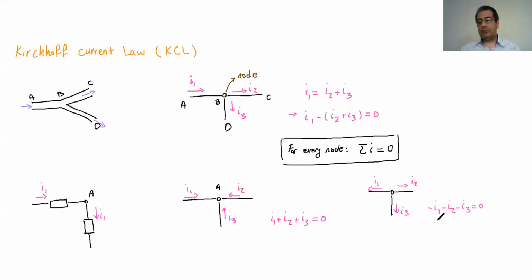If the value you calculate for the I comes out negative, you know that the direction you assumed is wrong, and it is going in the opposite direction of what you assumed. However, when you write the KCL, don't worry about anything. Just add all the current getting in, and then subtract all the current that leaves. And when you put it together, it should be 0. That's the first law that we will use, and we'll use it a lot in the rest of the course. So it's the very first law that we have.